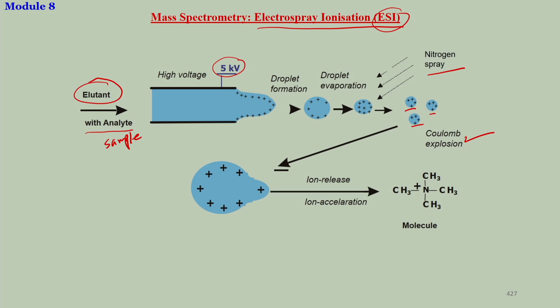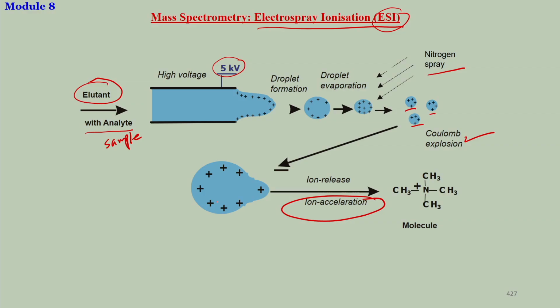Now, once the Coulomb explosion is done, the droplets are divided into various fine droplets like this. I have drawn it larger, but these are the very fine droplets that are created after the explosion. Then it has to go through an ion acceleration chamber.